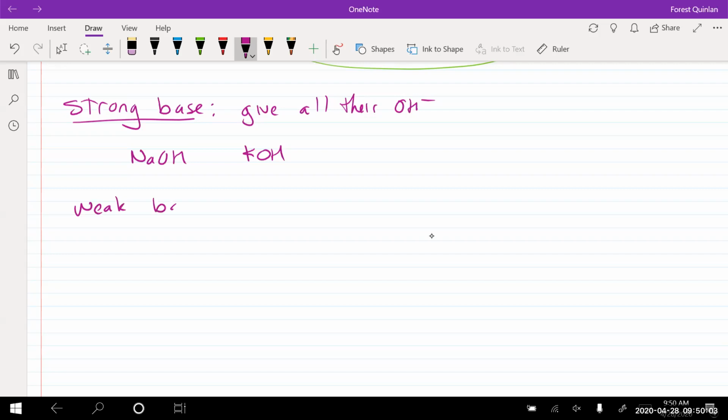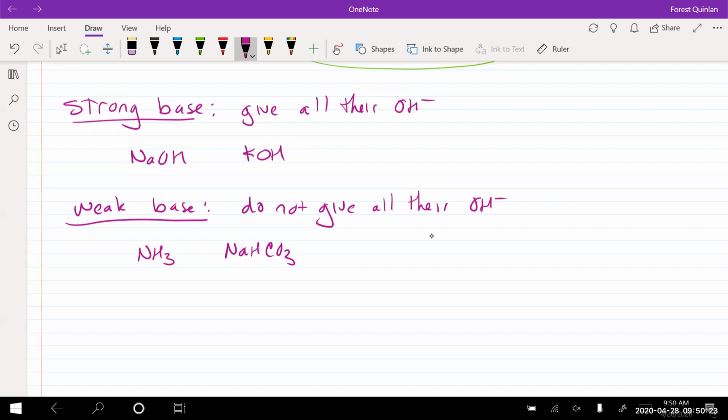The weak bases, right, they do not give all OH minuses. And examples of this would be NH3, NaHCO3, basically anything not NaOH and KOH.